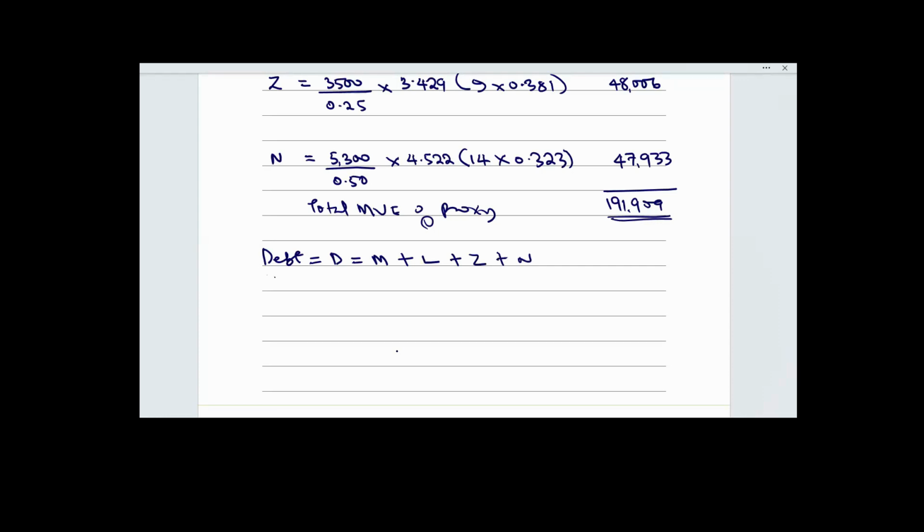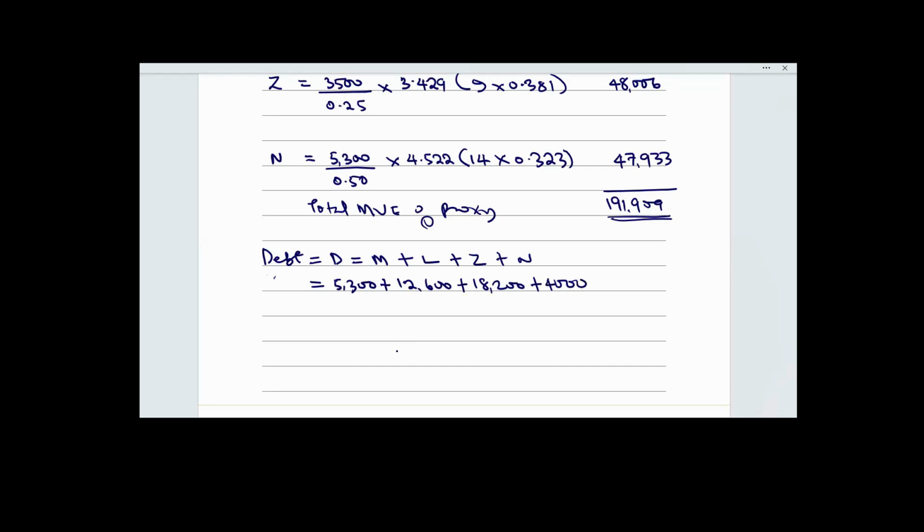So in this case, D will be equal to what's the book value of the debts of Mississippi? 5,300 plus the debt of Limpopo, 12,600, Zambezi, 18,200, then Nile, 4,000.